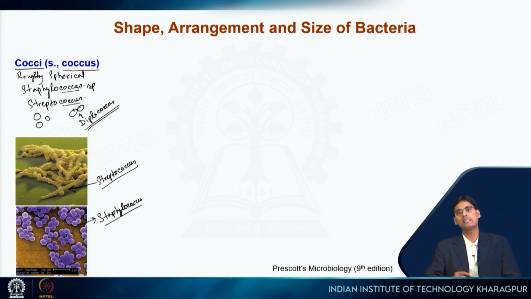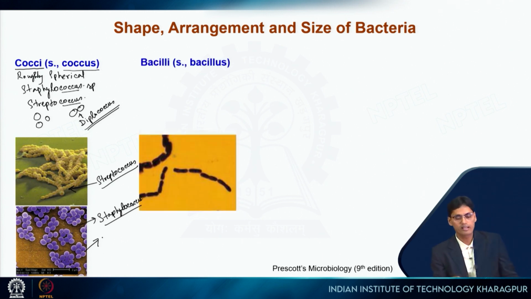As a result, they stay just like grapes, with multiple cells together. This is called a grape-like structure, and Staphylococcus aureus can form this kind of arrangement.